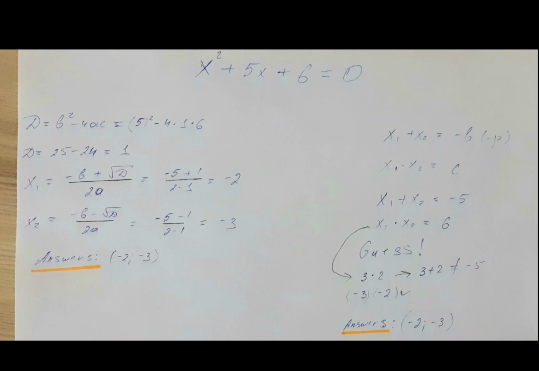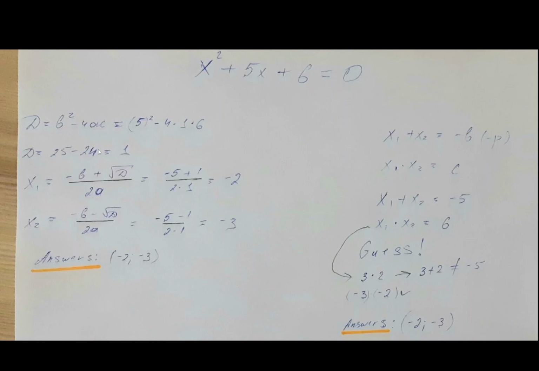And here, guys, we have the paper-based solution. If it's really hard for you to solve it on your laptop, here's the version where I've solved it on paper so that you can understand it. Here the discriminant equals b to the power of 2 minus 4ac, which is 5 to the power of 2 minus 4 multiplied by 1 and 6.